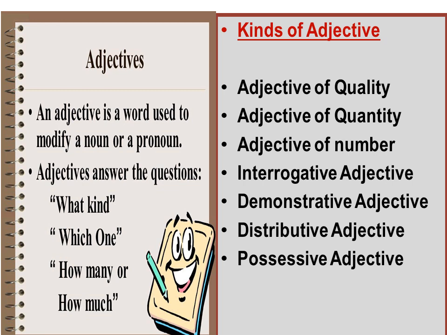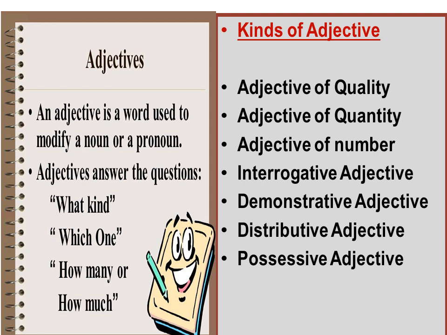If you all remember, we did learn something called adjective on the 19th of October. You all remember or you all forgot? You all remember? Okay. Let's have a quick look at what an adjective is. An adjective is a word used to modify a noun or a pronoun.